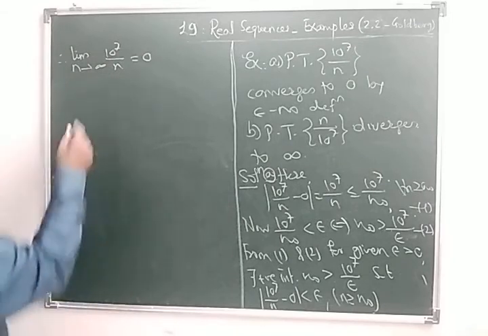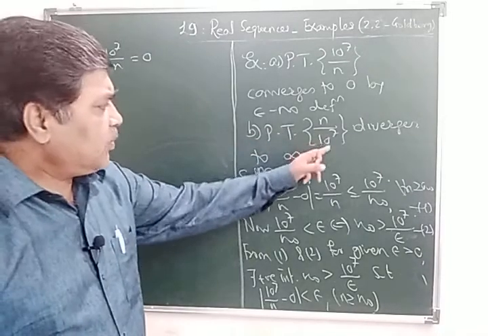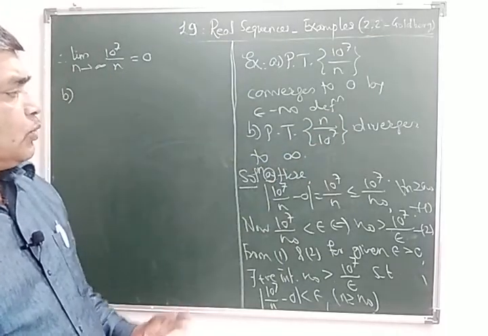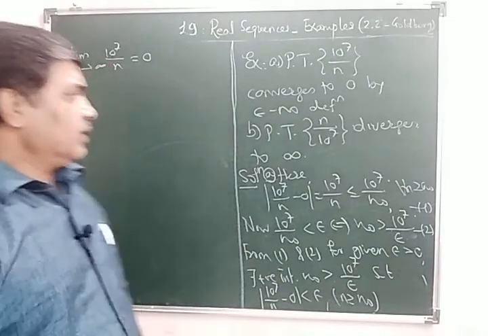B part: what to show is that n upon 10 raised to 7 diverges to infinity.